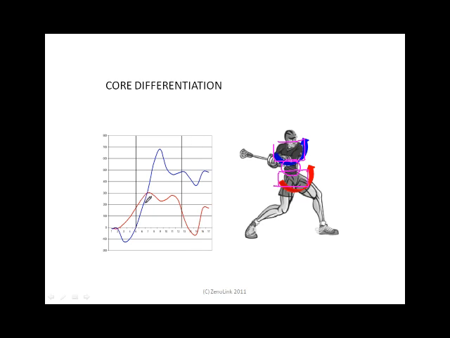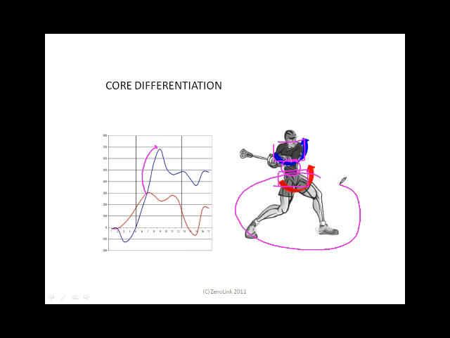And as a result, they're not able to more than double speed as they move up the chain. And for whatever they might create at the lower body in terms of ground reaction force, they lose the ability to transfer that speed out to the stick because they don't differentiate or coordinate through the core.